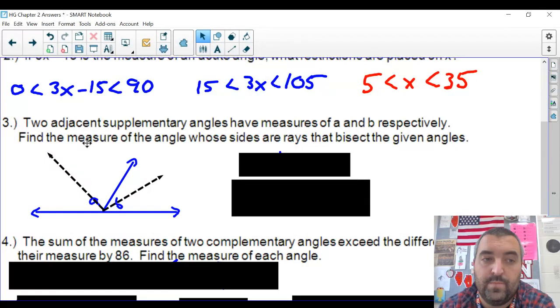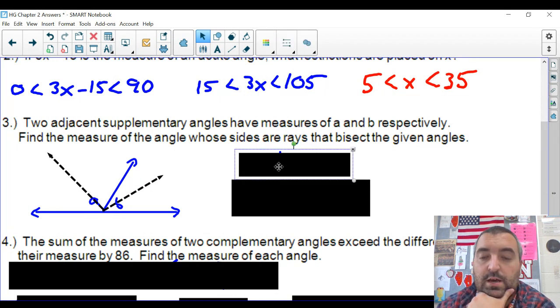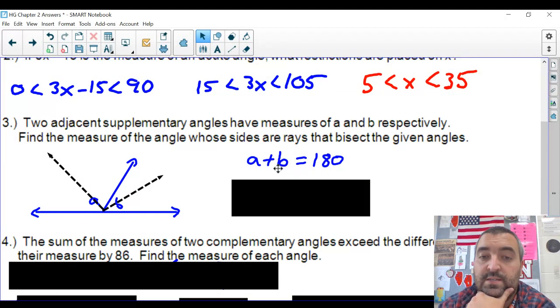We're bisecting B, and we're bisecting A. A plus B is equal to 180 because it's supplementary and they form a straight line.